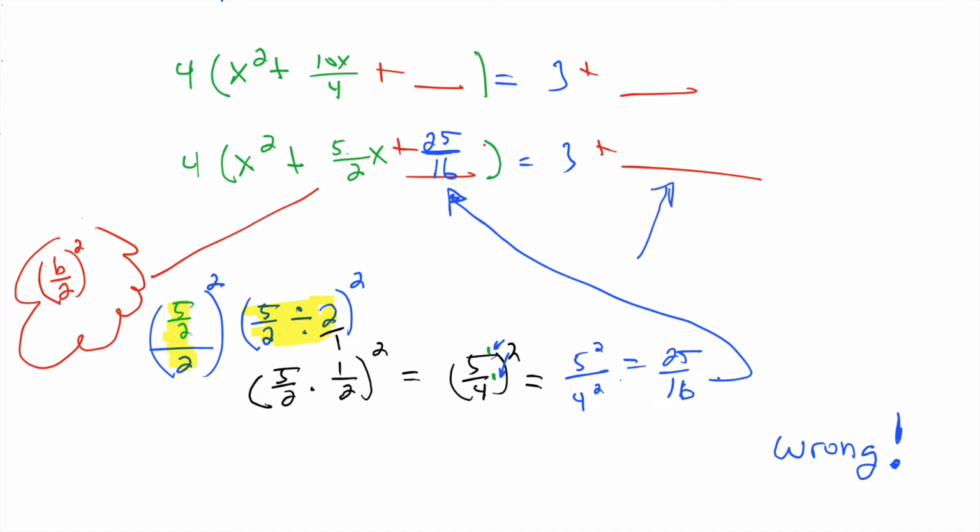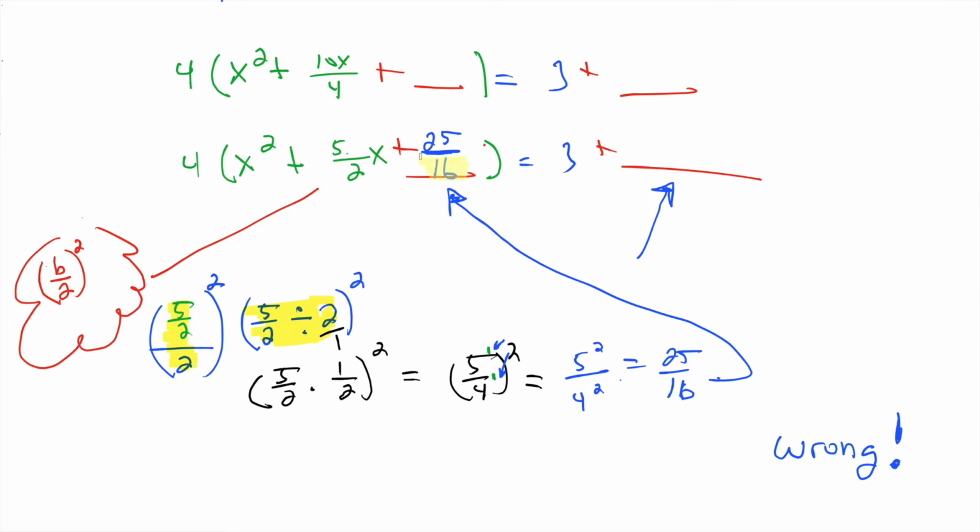What goes right there? Wrong. You said the same thing. And I'm making a really big deal out of this because this took me a long time to figure out. You never put 25 over 16 there. Do you see 25 over 16 there?